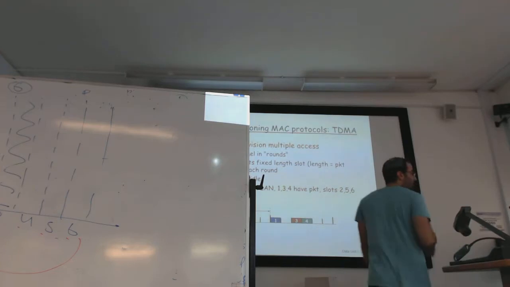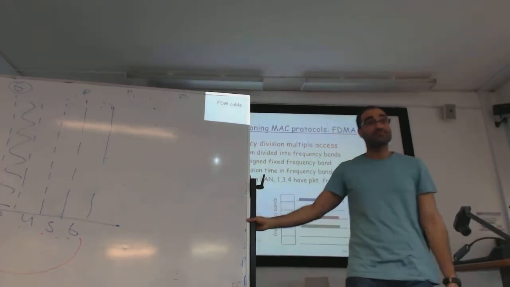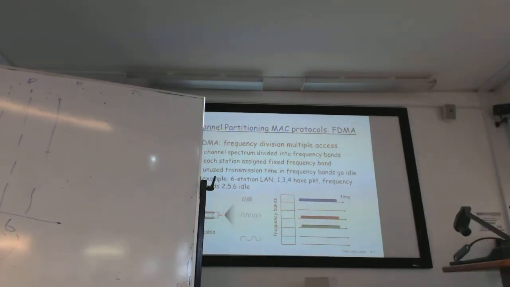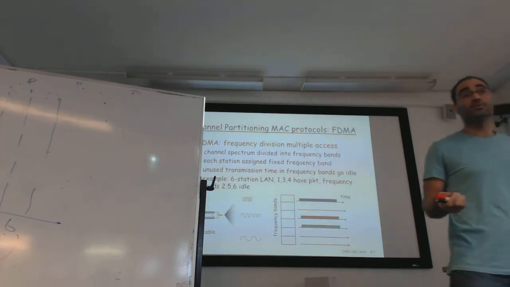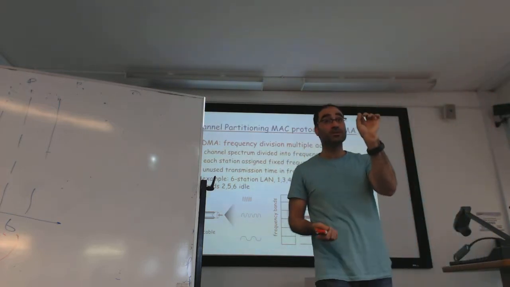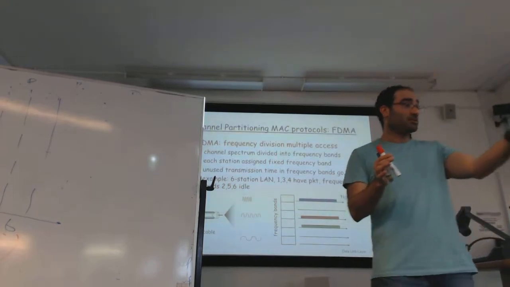What's the difference between that and the frequency division multiplexer? Because on the frequency division multiple access, you divide the bandwidth by the number of users. How do you divide the bandwidth? We said first of all based on time, the first one. The second one, based on the frequency itself.